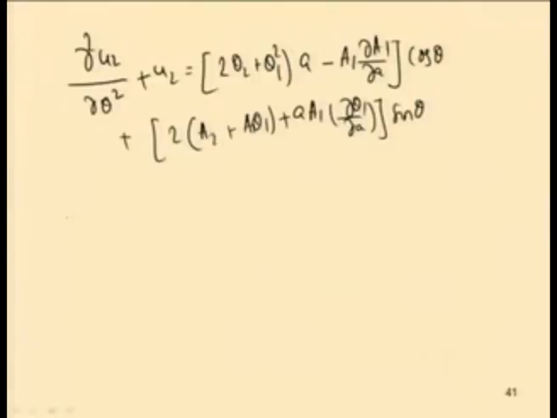So, this equation again can be written in this form, that is minus 2 theta 1 del square u 1 by del, the first equation.